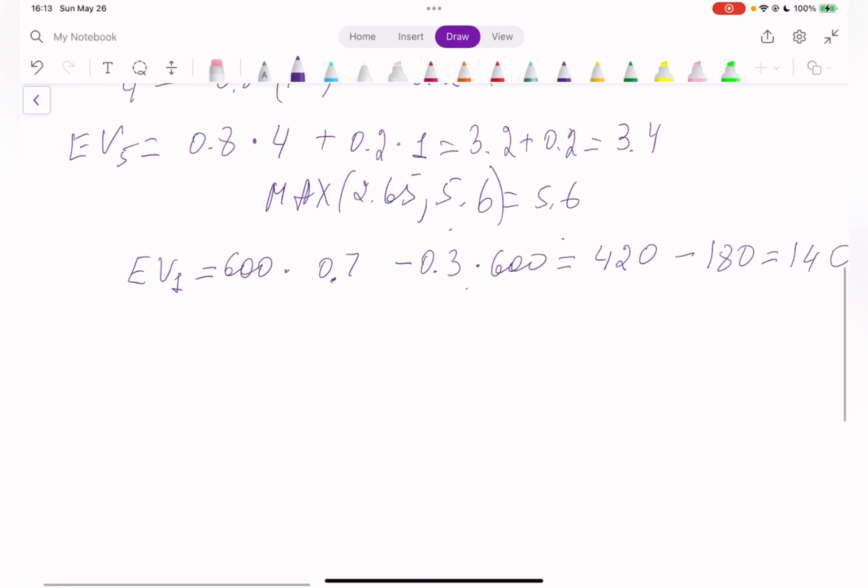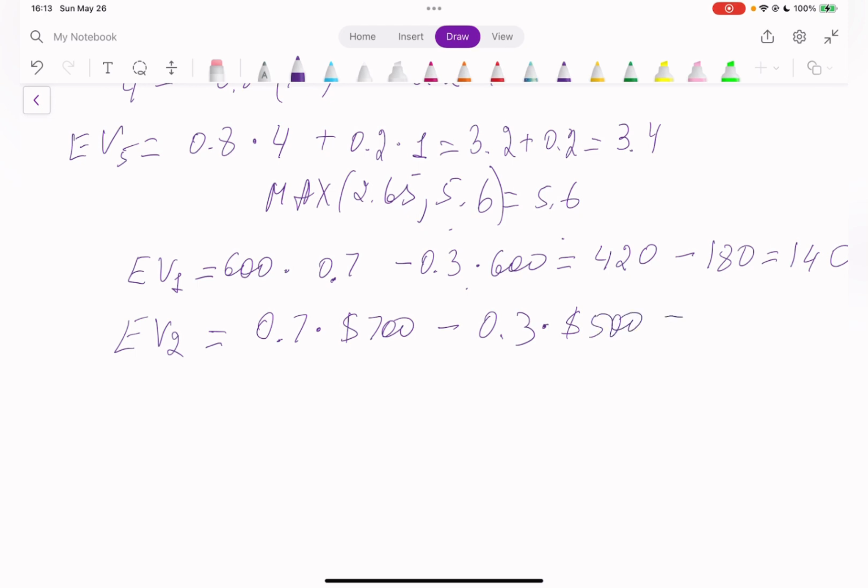Okay, next the expected value for branch 2. So 0.7 times $700, and minus 0.3 times 500. I already put the negative in the multiplication, so I don't need to write it.